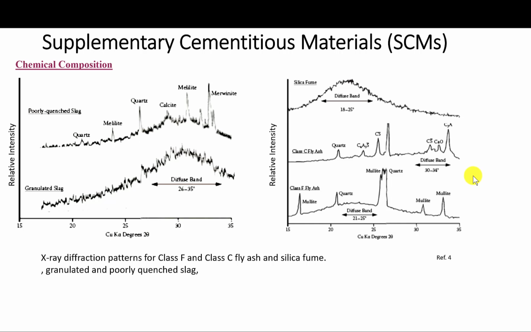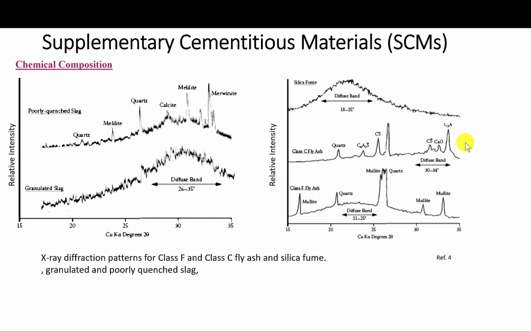Some of the fly ashes may contain also, as you can see, the calcium aluminate sulfate. And maybe they will contain other phases such as the dicalcium silicate in some cases. And also maybe tricalcium aluminate, as you can see here in this peak.